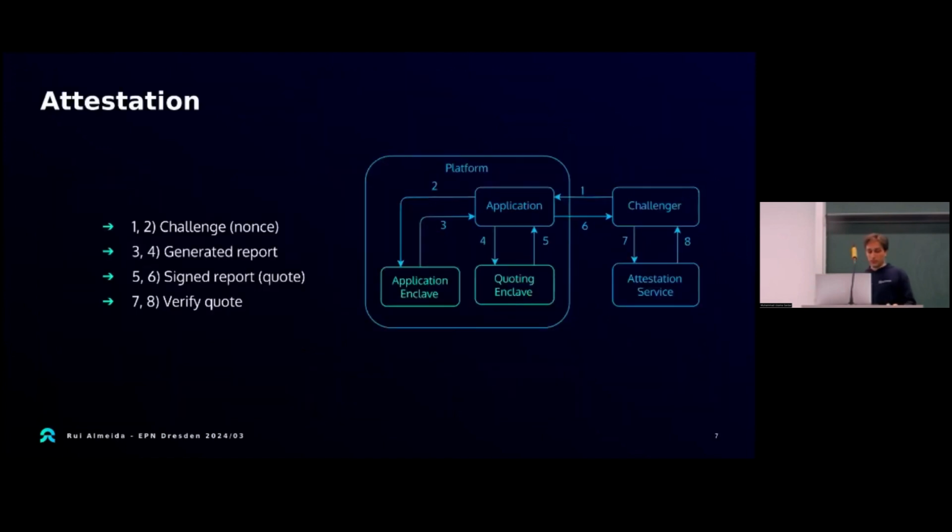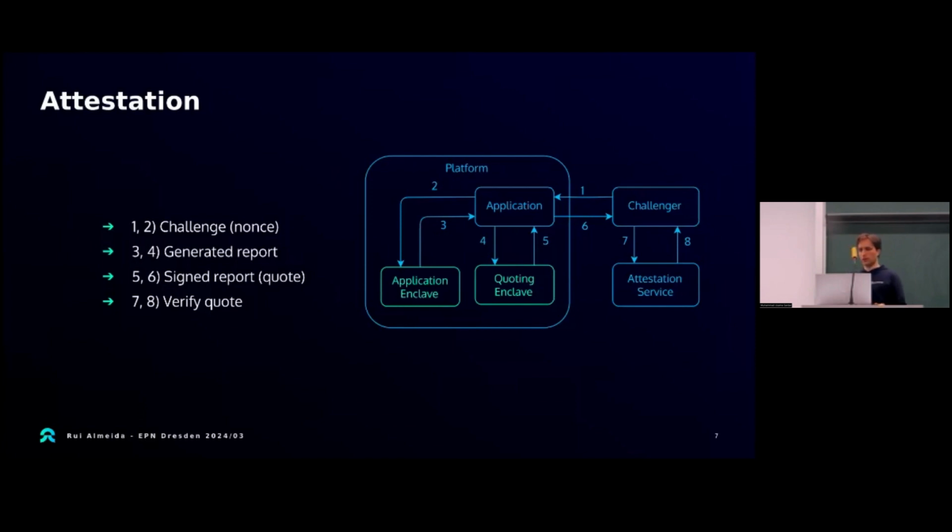So let's talk a little bit about attestation, just what is the purpose of attestation. So the attestation process is the process that will give a user who wants to interact with a confidential computing platform all of the evidence that a user needs to have some idea of what's going to happen to his data before sending it to a confidential computing platform.